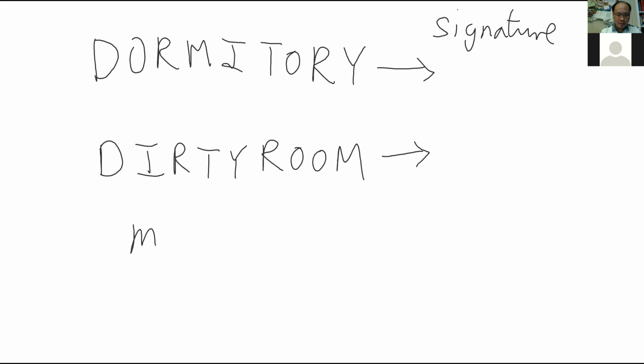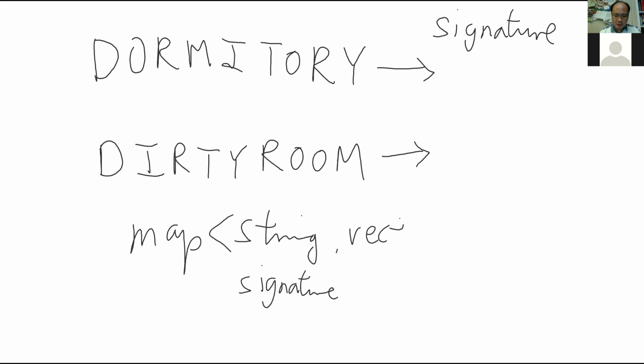So if you have a map where the first component is the signature and the second component might be a vector of strings, you can use this map to collect all of the strings that have the same signature.